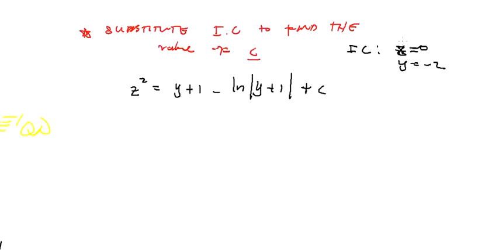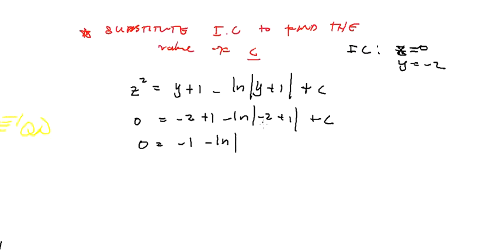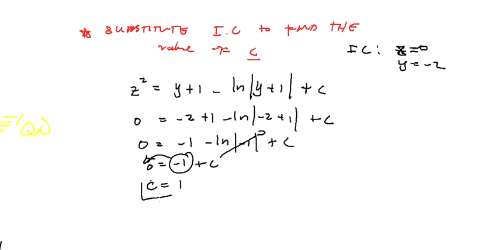So z squared is 0 squared, or just 0, and for y we have -2 plus 1 minus ln of absolute value of -2 plus 1 plus c. Okay, so we have -2 plus 1, so we have -1 minus ln of absolute value of -1, plus c. Since this is an absolute value, the ln of 1 is just 0, so we have 0 is equal to -1 plus c, or our c is equal to +1.